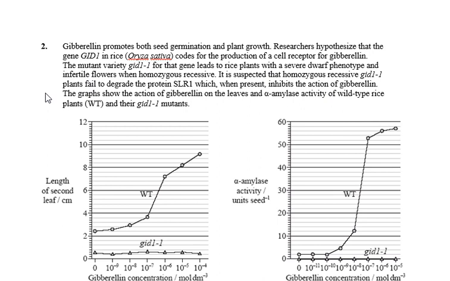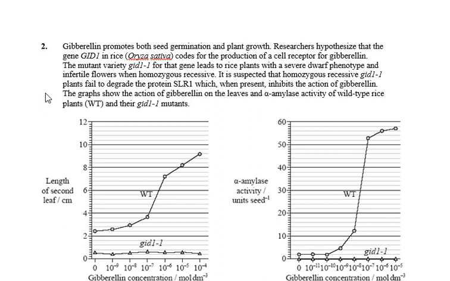It is suspected that homozygous recessive GID1-1 plants fail to degrade the protein SLR1, which when present will inhibit the action of gibberellin. The graphs show the action of gibberellin on the leaves and alpha amylase activity of wild type rice plants, which is WT, and their GID1-1 mutant cousins.